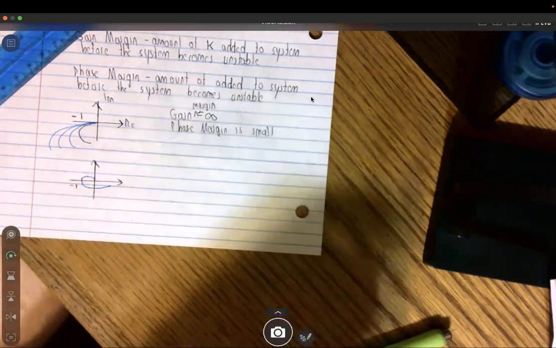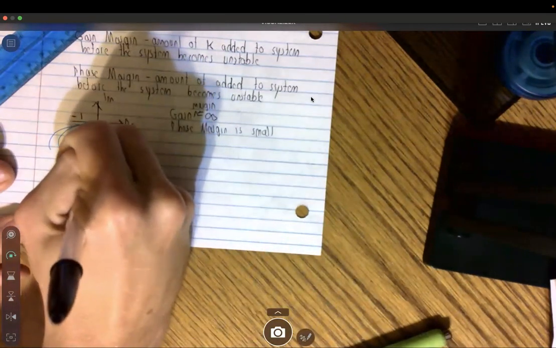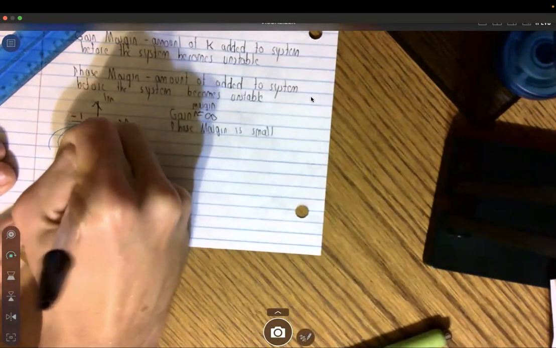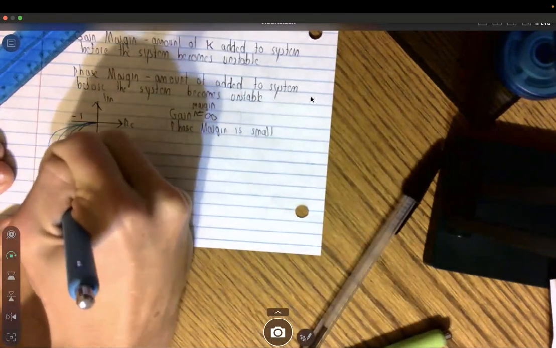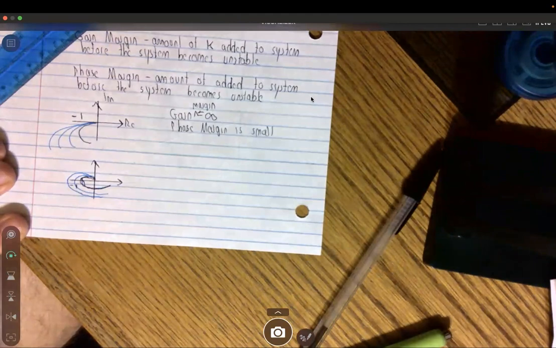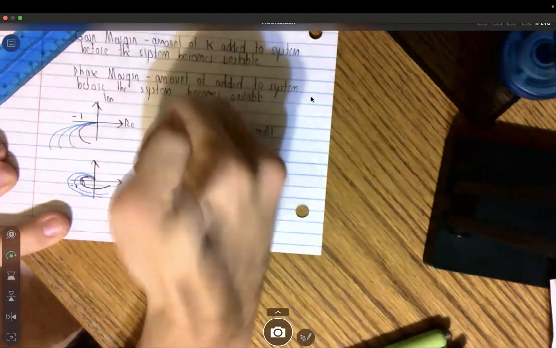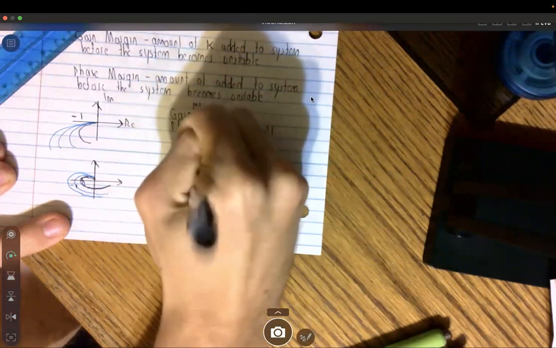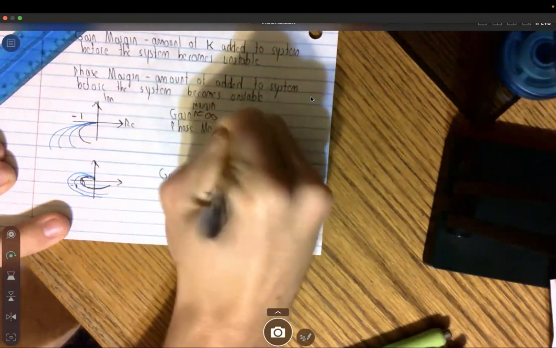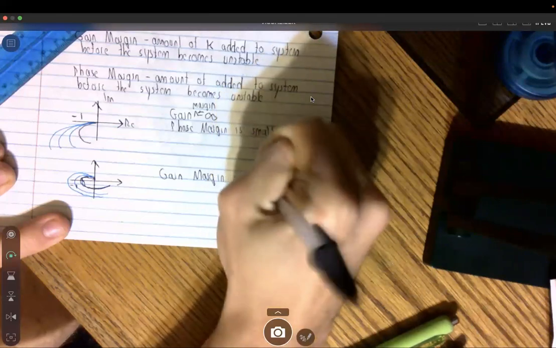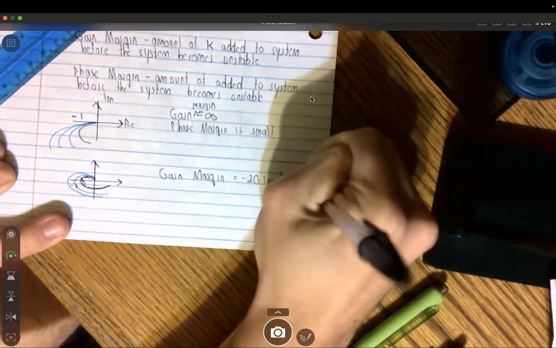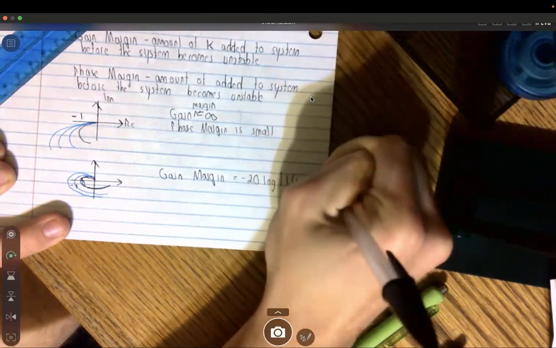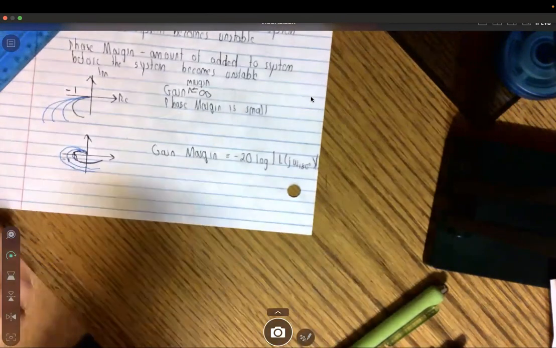If we keep increasing the gain here, you're going to notice that it's eventually going to pass through that -1 point. So at that -20 log of L(jω) where omega is at 180 degrees. He didn't specify too much on that, but that's where it will intercept.